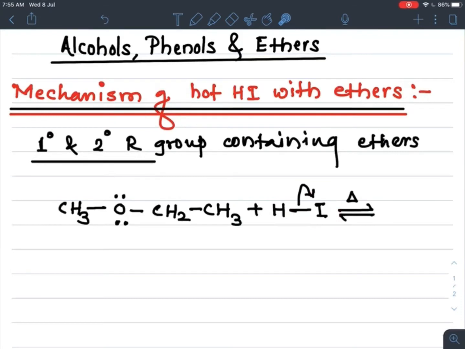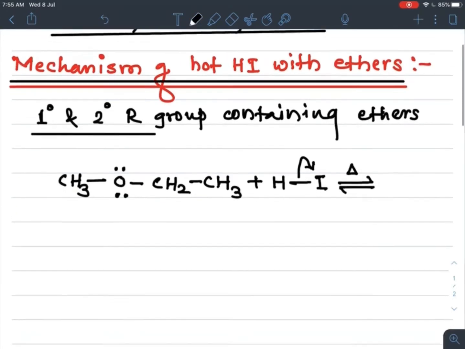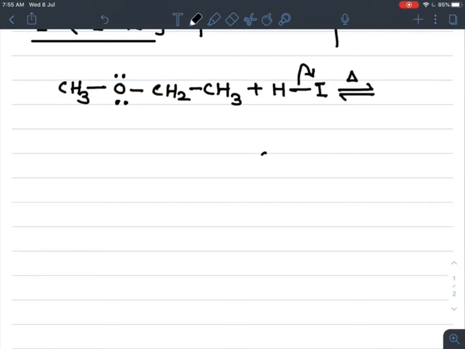This H plus is attracted towards the oxygen. The oxygen donates a pair of electrons to the hydrogen and bonds with it. So this proceeds and gives CH3, OH, CH2CH3, with I minus as the byproduct.